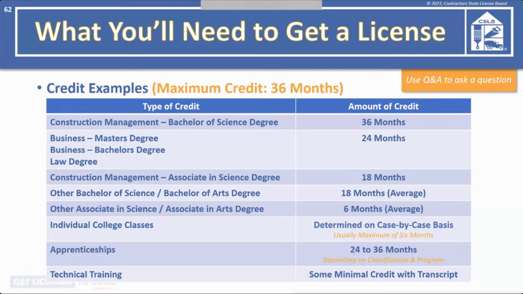If it's an actual college program, you would need to submit any completion certificates or degree graduation certificates to us for us to review. That would be handled on a case-by-case basis. There's no way to tell you how much experience you get from any type of program or education.